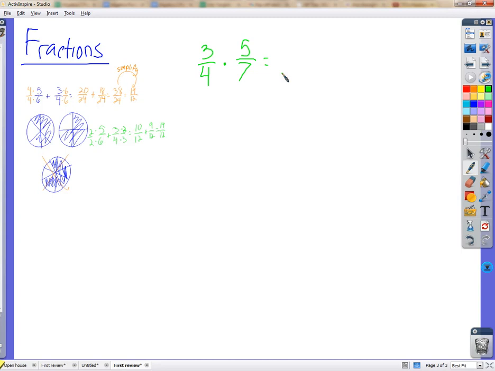You just go straight across. 15 over 28. And that's it, 15 over 28. 3/4 times 5/7 is 15 over 28. Any questions about multiplying two fractions together?